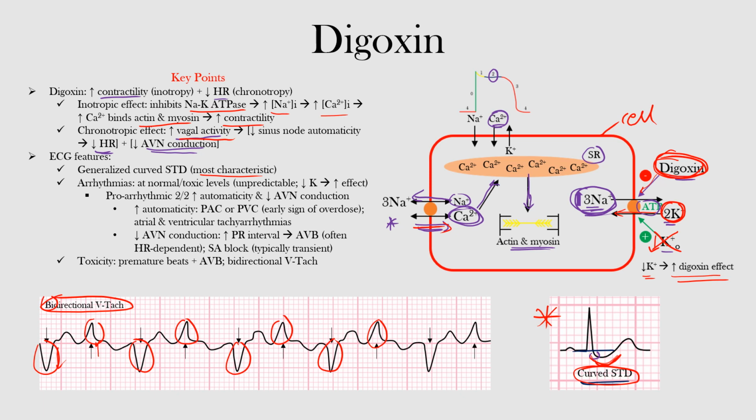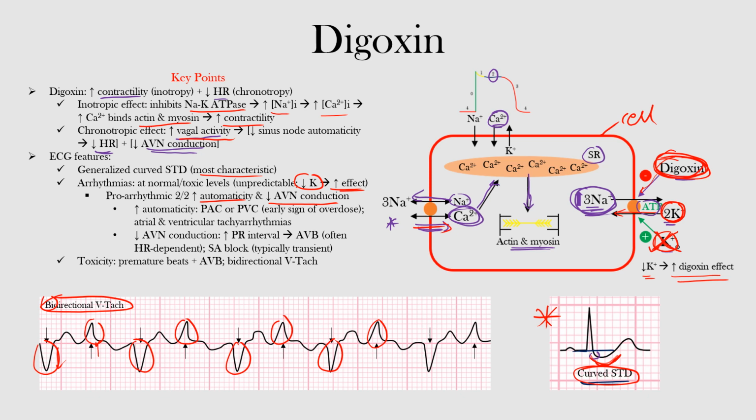In terms of arrhythmias, we said that these can occur at normal and toxic levels, and they're really unpredictable. And don't forget that low potassium levels can increase the effects, because imagine potassium and digoxin competing for that sodium potassium ATPase, and if there's low potassium, then digoxin won't have trouble getting in there and increasing its effects.